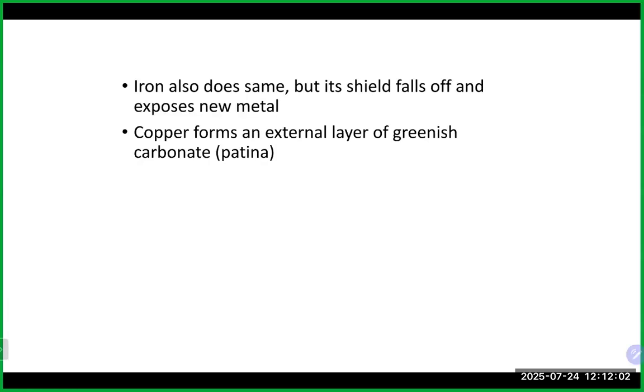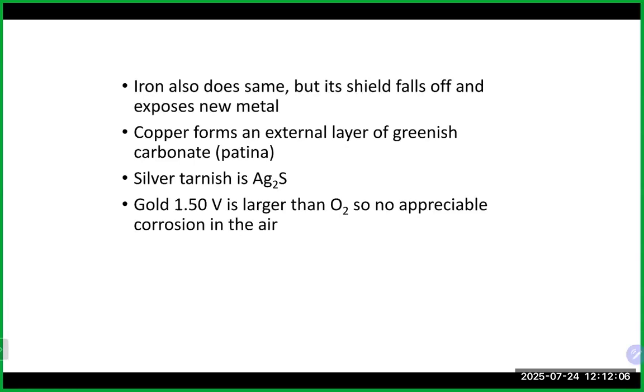The problem is what we have with rust. When iron goes through oxidation, the little layer it makes is pretty brittle and will just fall off. And the problem with that, obviously, is that when the rust falls off, now you have brand new metal that's ready for some more oxidation and corrosion.